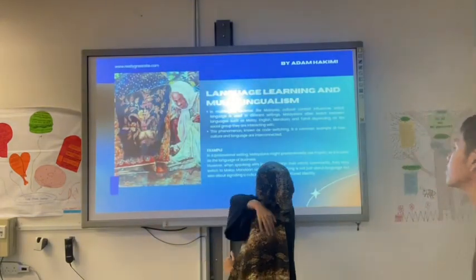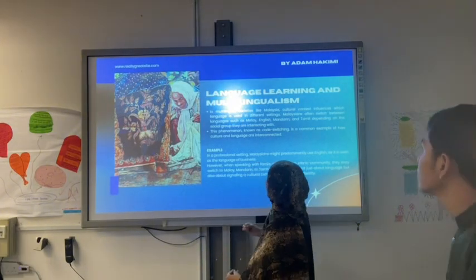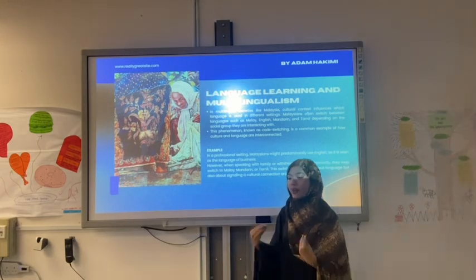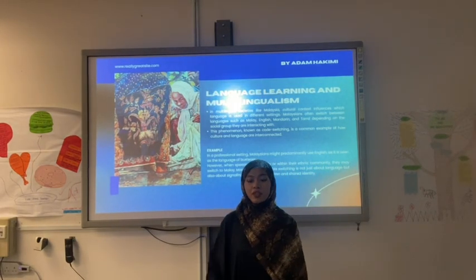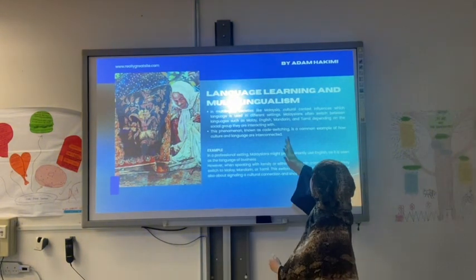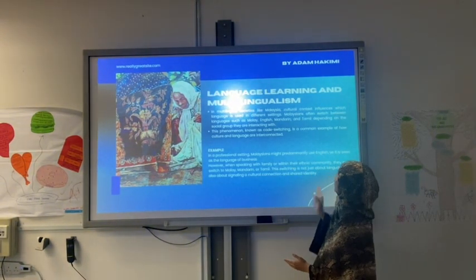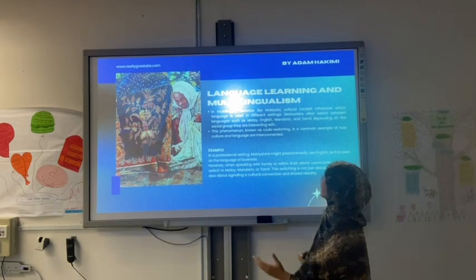And lastly, we're going to talk about language learning and multilingualism. In multilingual societies like Malaysia, we live in a very harmonious state where Malays, Chinese, Indians live in one society. Cultural context influences which language is used in different settings.